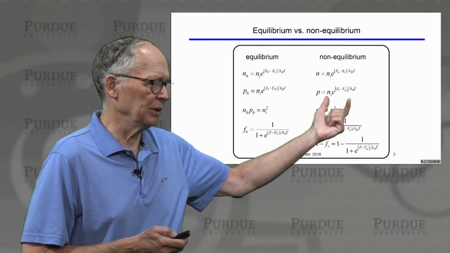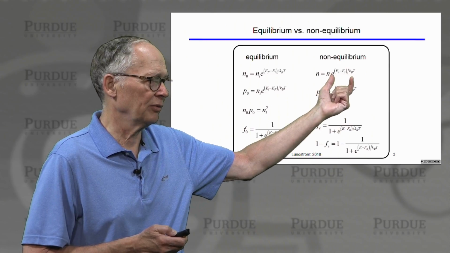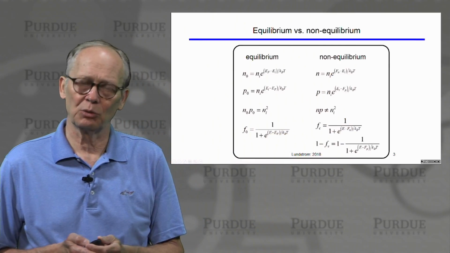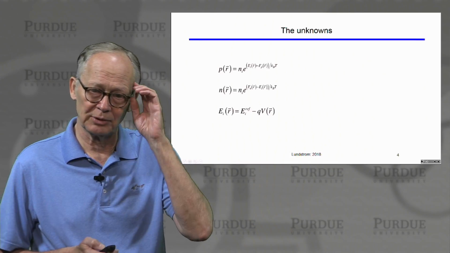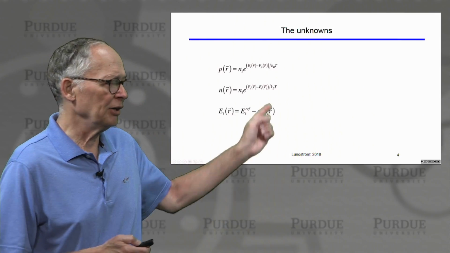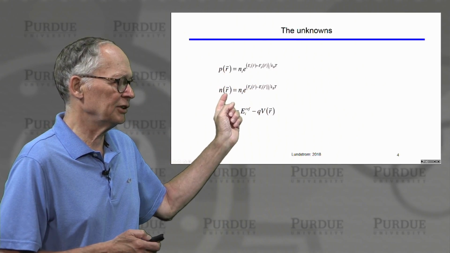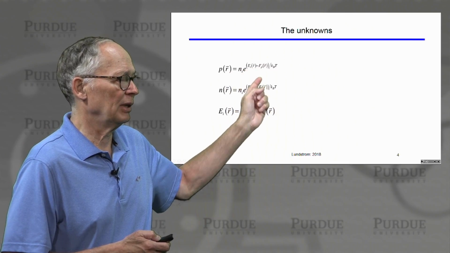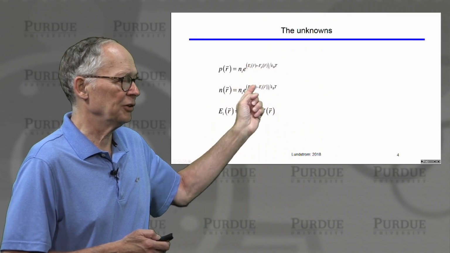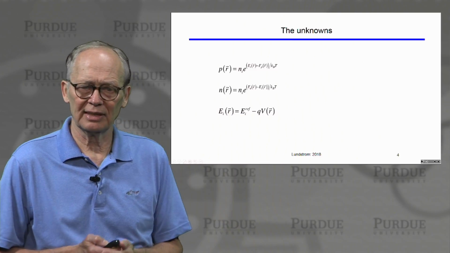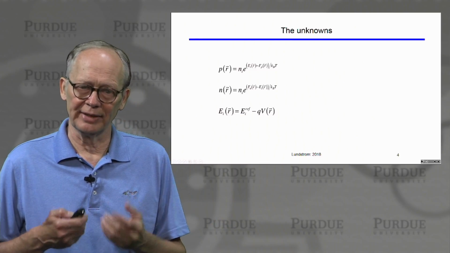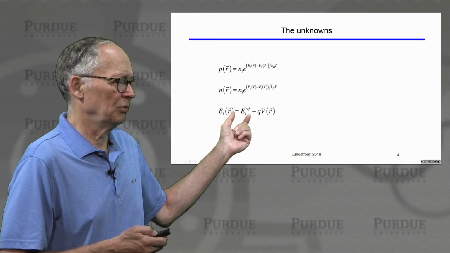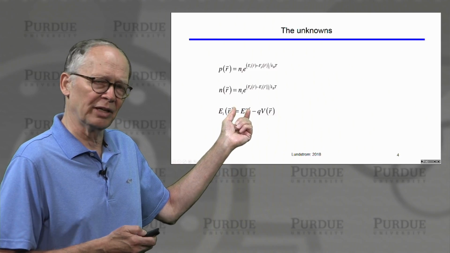So this is the formulation. We're looking for how do we solve for these carrier densities, or equivalently, how do we solve for these quasi-Fermi potentials out of equilibrium. So our unknowns are the carrier concentrations. The carrier concentrations are related to the quasi-Fermi levels and to the intrinsic level. The intrinsic level, or the conduction band, or the valence band, they're equal to some reference energy.